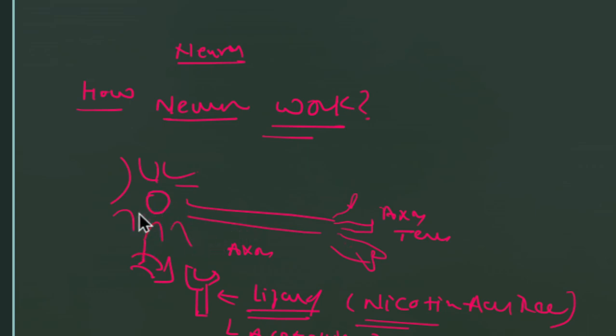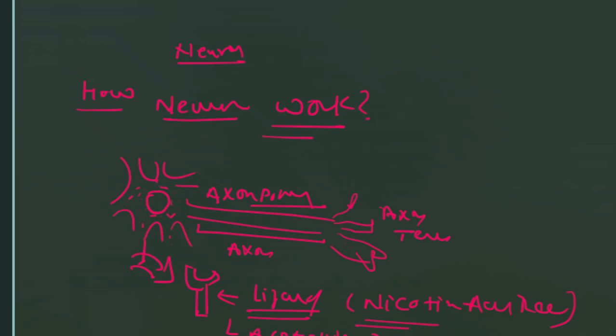When the sodium ion enters into the cell body, this will lead to changes in membrane potential, and this change leads to the action potential generating in the axon part.